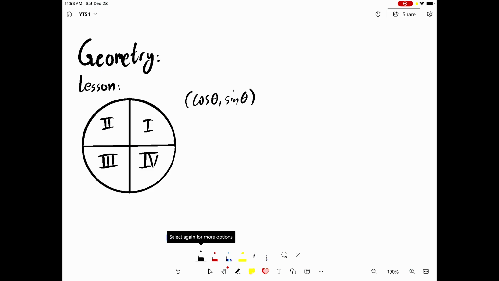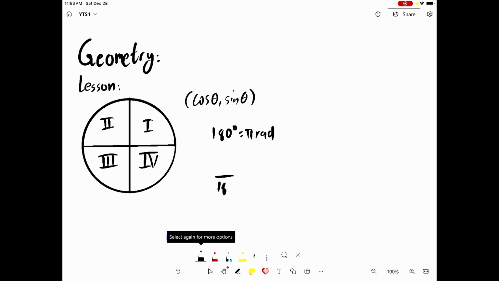There's a way to convert between degrees and radians. 180 degrees is equal to pi radians. The short form for radians is RAD. If you want to convert from degrees to radians, you ask, how many degrees do I have?